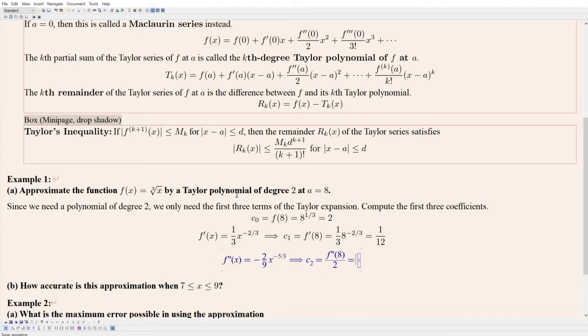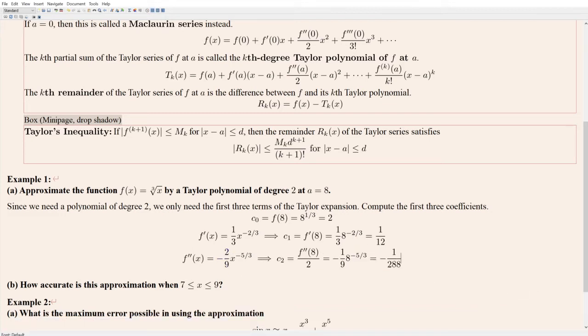So we have minus 2/9, and this 2 and this 2 are going to cancel each other, times 8 to the negative 5/3. The third root again is 2, so 2 to the negative 5 is 1 over 2 to the 5th, so that's 1 over 32. So 9 times 32 is 288.